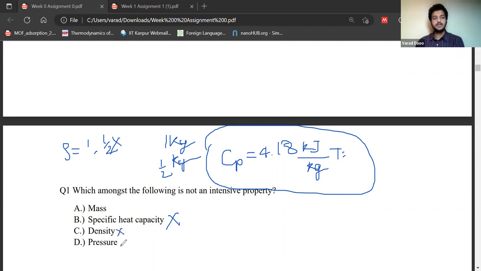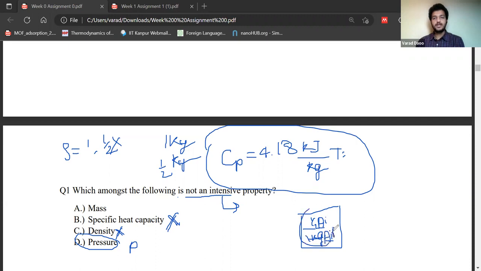So we want an extensive property, that means one which depends on mass, right? This does not depend on mass. This also does not depend on mass. Similar is the case with pressure. Let's say we have a container with half kg of air or 1 kg of air.